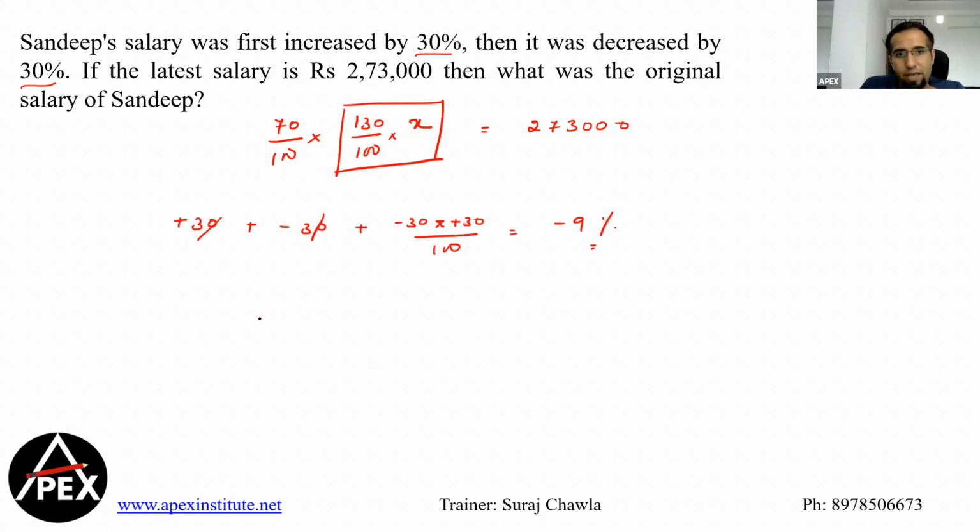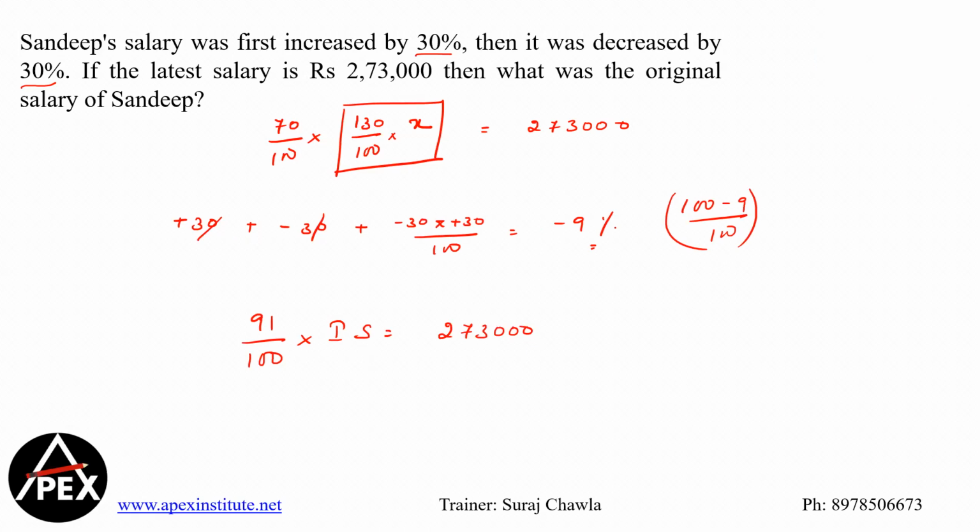Clear? So I would say 91 by 100 into initial salary is equal to the final salary. You can also do this. That is 3 lakhs. Clear, guys? Can I move forward?